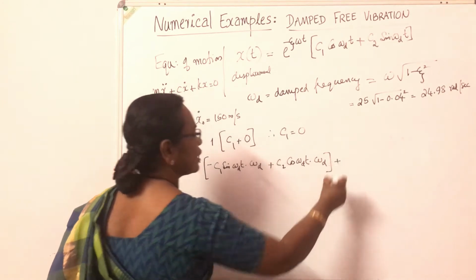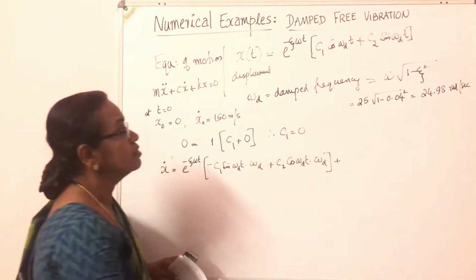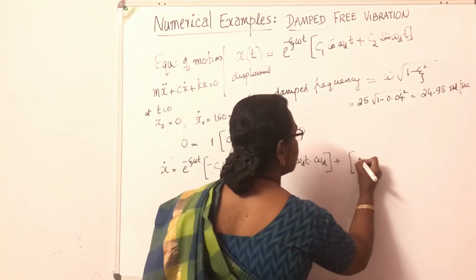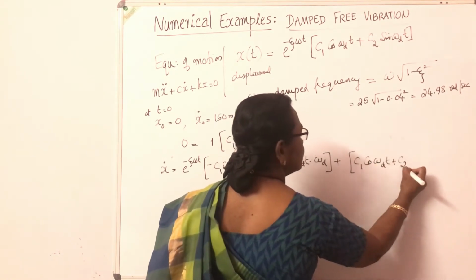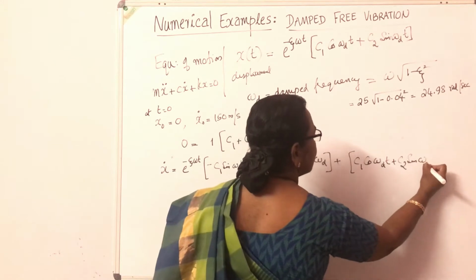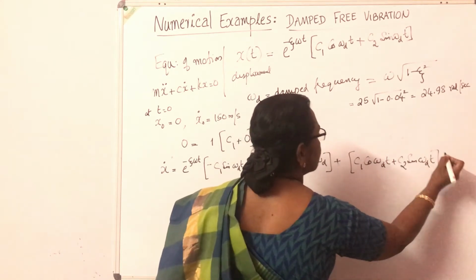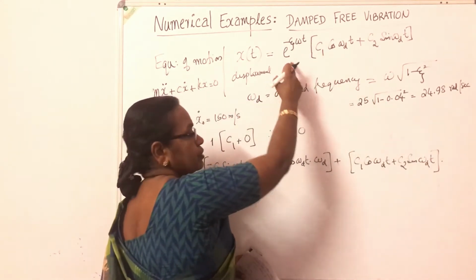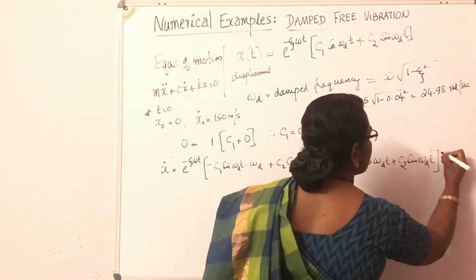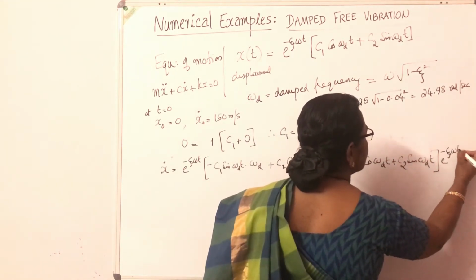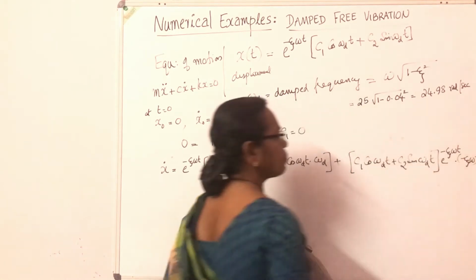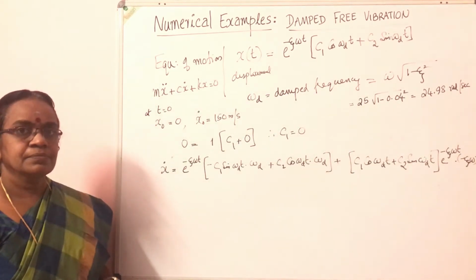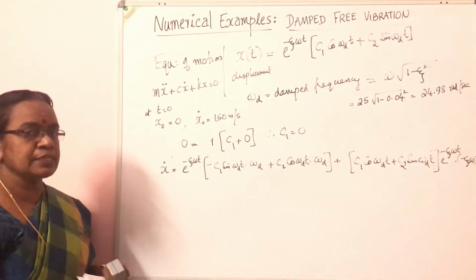Plus second into differential of first, that is C1 cos omega dt plus C2 sin omega dt into differential of first. Differential of first is e raised to minus psi omega t into minus psi omega. This is what we have done in the derivation itself.